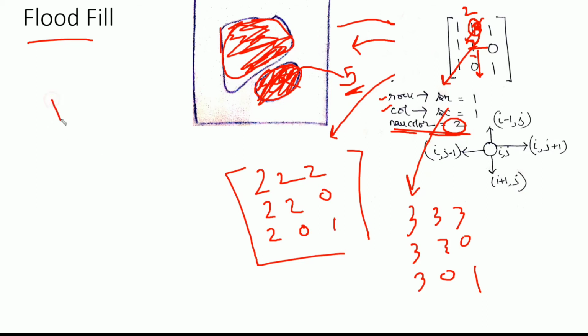Okay, so suppose this is a matrix and the initial pixel value is 1. It means that the pixel values having 1 and connected to this we need to change to the new color 2 while traversing in 4 directions from that location. So right now I'll be explaining the recursive tree which will help you to understand the recursive flow of this approach.